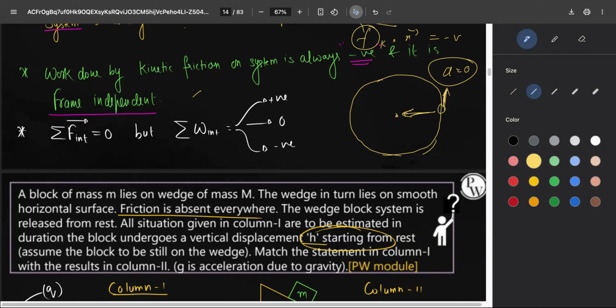Understood my point? What you are actually doing is, your object was facing this side, you applied some force and made the object face this direction. That's it, nothing else. If this force was not here, the object would have moved in a straight line, but due to this, instead of going this way, it moved in this direction.